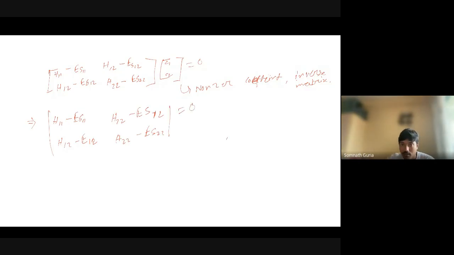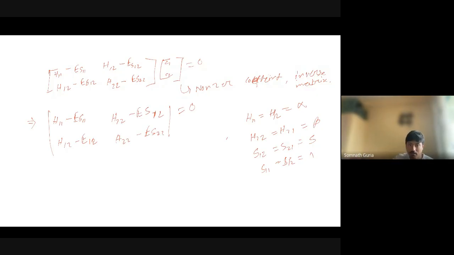Now you can say H11 and H22, as it is all carbon atoms, is called alpha, and H12 and H21 are called beta, and S12 and S21 as S, and S11 and S22 equal 1.